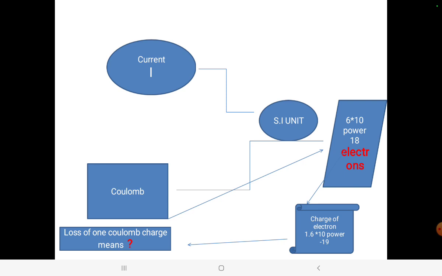The loss or gain of 1 coulomb of charge means 6 into 10 power 18 electrons, and the charge of an electron is given as 1.6 into 10 power minus 19 coulombs.